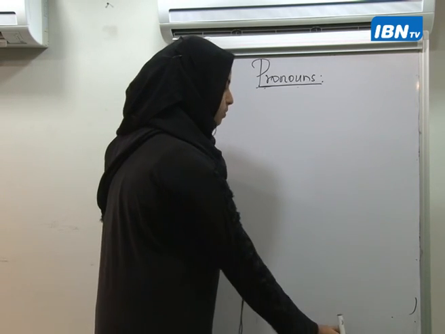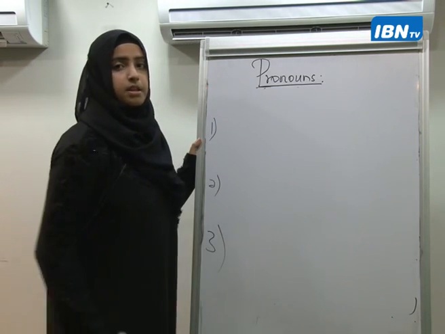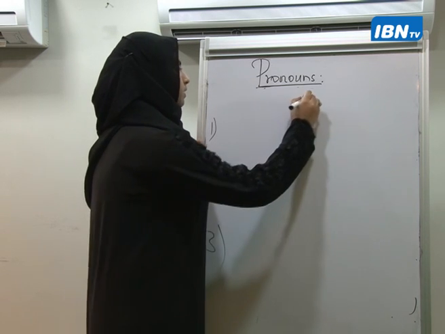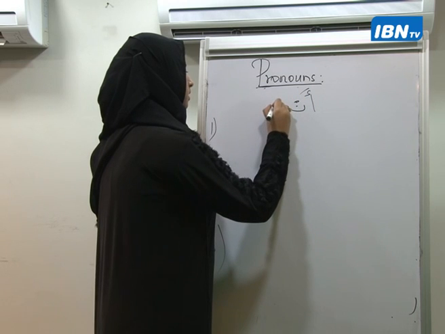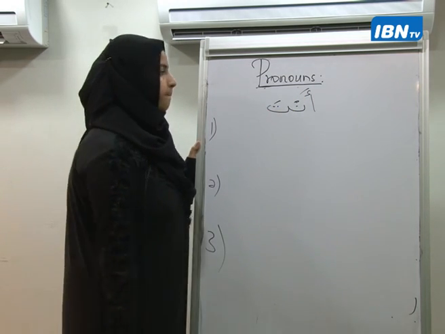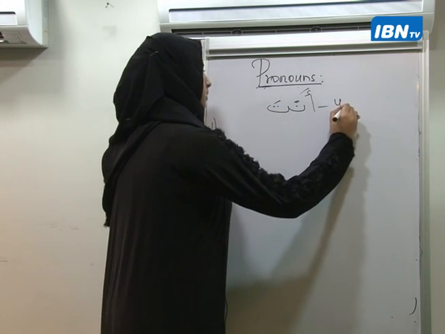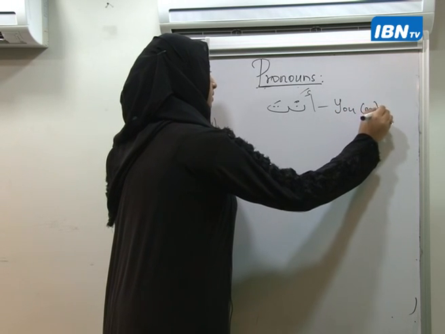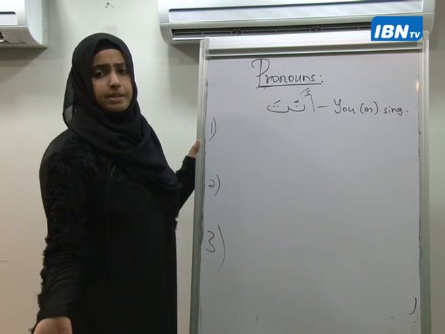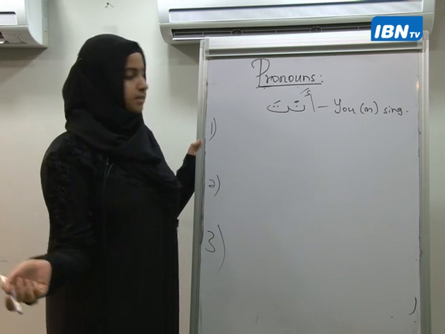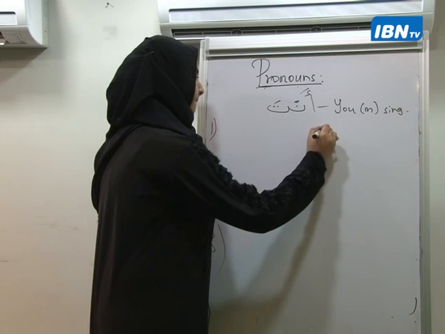Right, so Anta means what? Anta means you, masculine. So I have Anta, which means you, masculine. Right. So I want to say you are a student. So I'll say Anta.